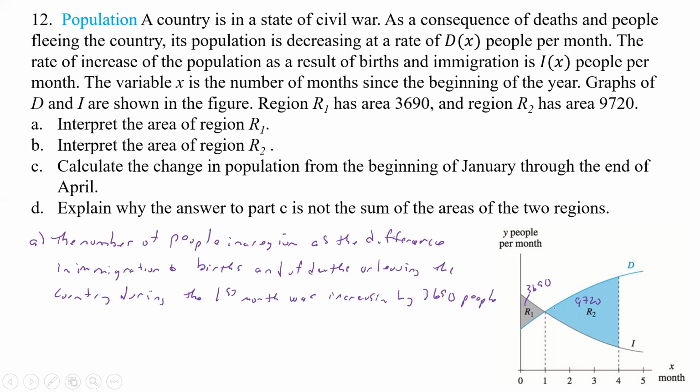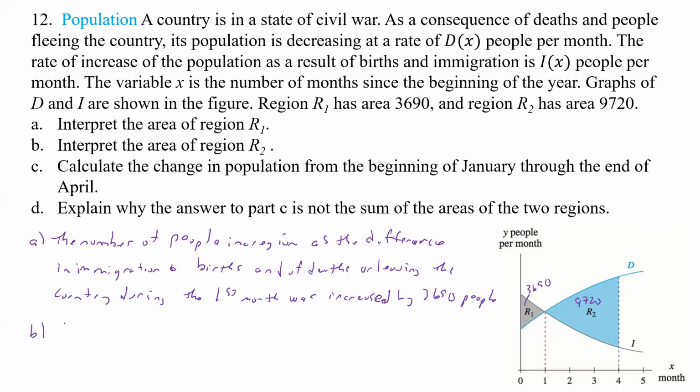Now, what about R2? Because that's what it asked for in the next one. Well, here the difference in the decrease in population and increase in population is equal to R2. So from the second to the fourth month, the population decreased by 9720. Probably I should say instead of increasing, this is increased by.